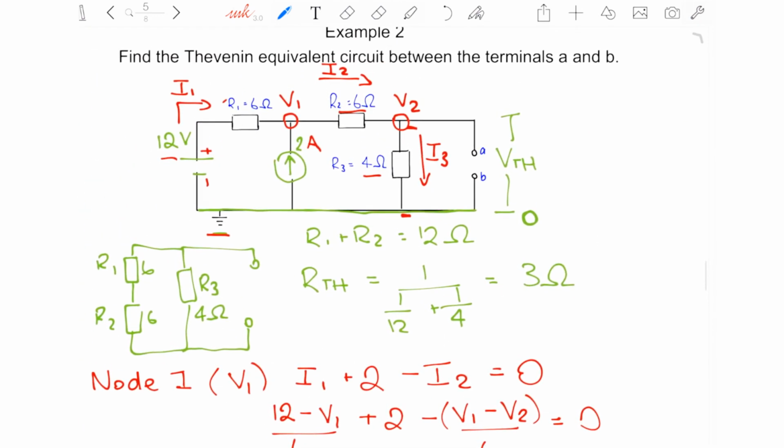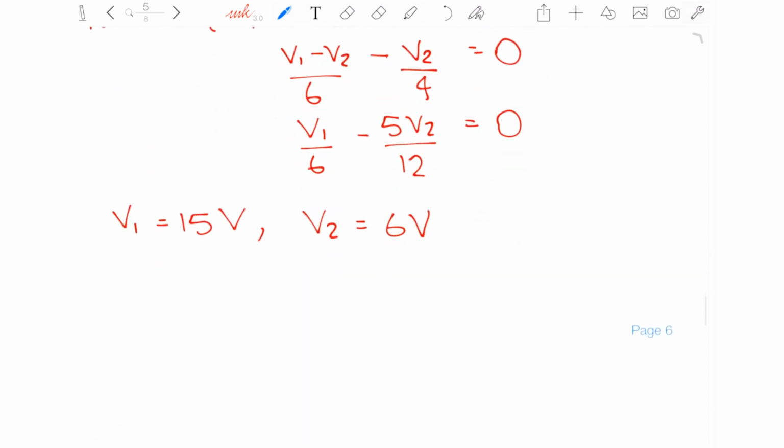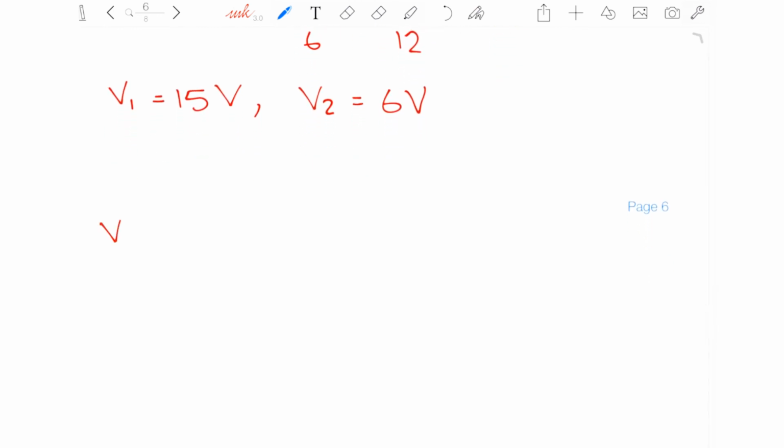We would like to know what V2 is, because as the 4 ohm resistor is in parallel with the open circuit at A and B, it means that the voltage drop across R3 will be the same as the voltage drop across the open circuit. Therefore, the voltage would be V2 minus the ground, which is 0. So therefore, VTH equals V2. So therefore, the Thevenin voltage is equal to 6 volts.